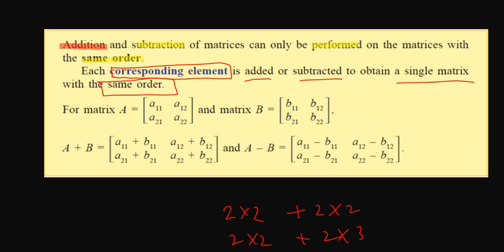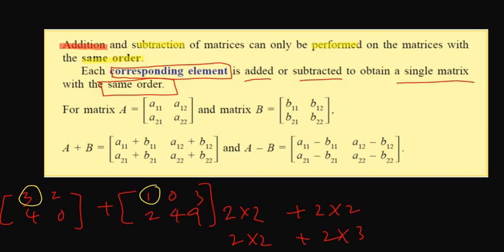So if you have a matrix like this, 3, 2, 4, 0, and you want to add it with a different order matrix, let's say 1, 2, 0, 3, 4, 9. How do you add this? The corresponding element, 3 plus 1, becomes 4. 2 plus 2 is 4.